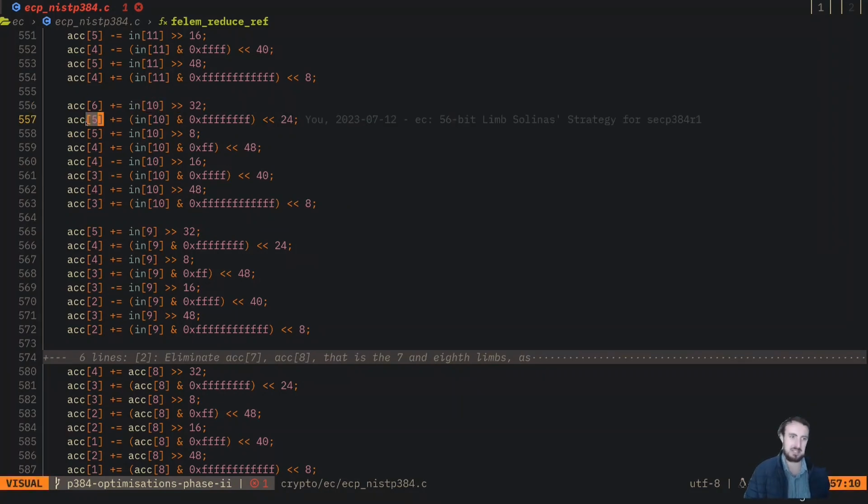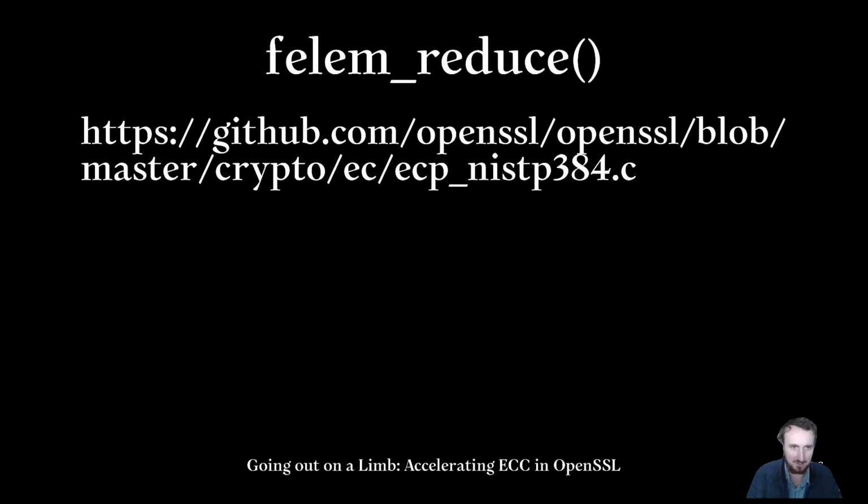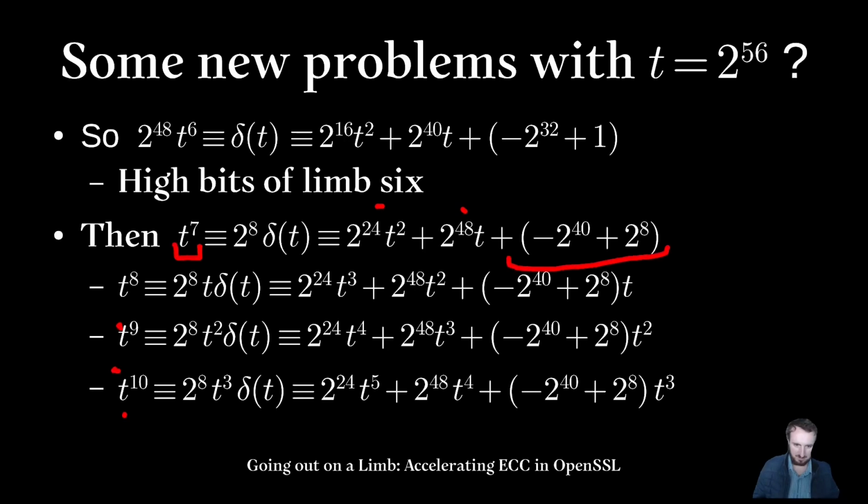Int10 is meant to sum into lim5 of the output, but the scaled version of lim10, because if we go back to the rule for lim10, we actually see that we're going to have to scale by 2 to the 24 before we sum into lim5.